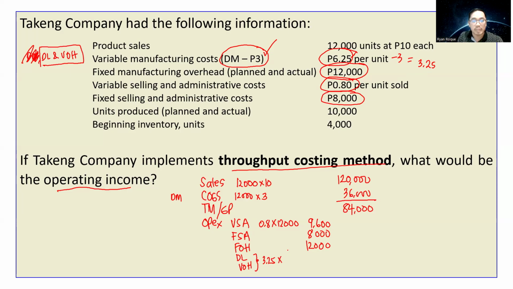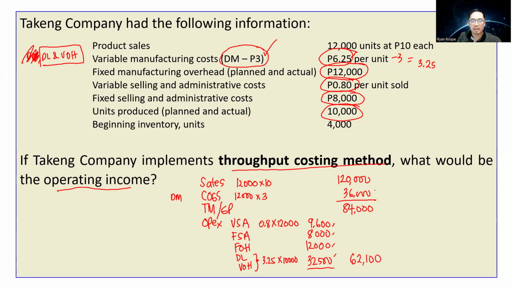So if we are asked for the combined amount of direct labor and overhead, we simply multiply 3.25 by the number of units produced because this is supposed to be part of the product cost. So therefore, we're going to use the number of units produced, which is 10,000. So the answer here is 32,500. So therefore, the total operating expenses, if we add 9,600, 8,000, 12,000, and 32,500, that would give you 62,100.